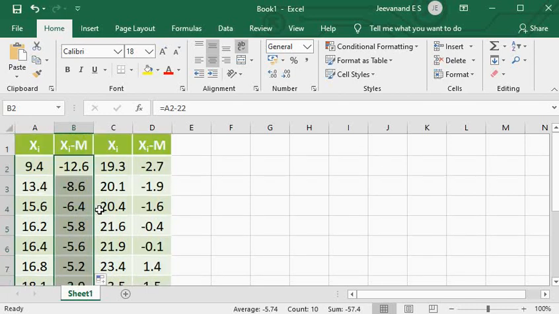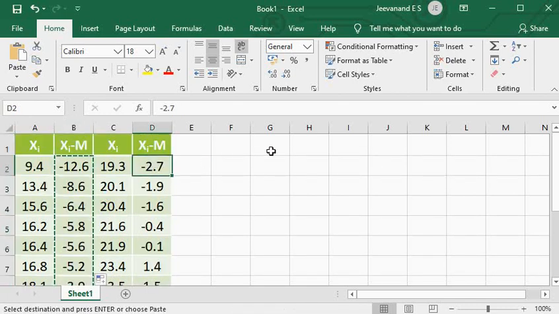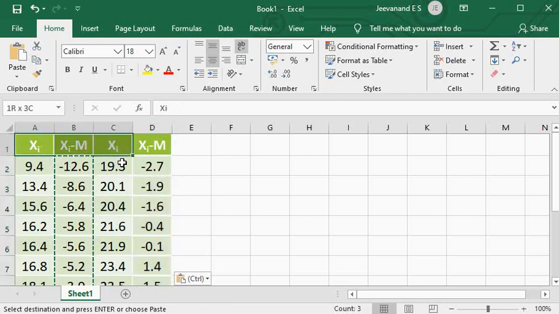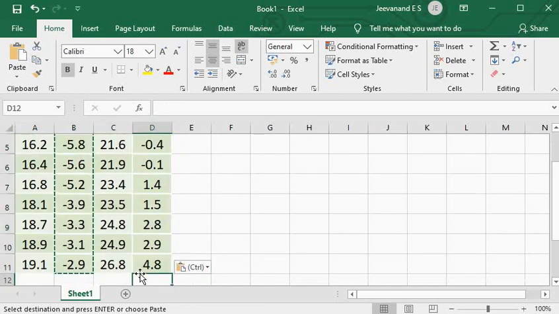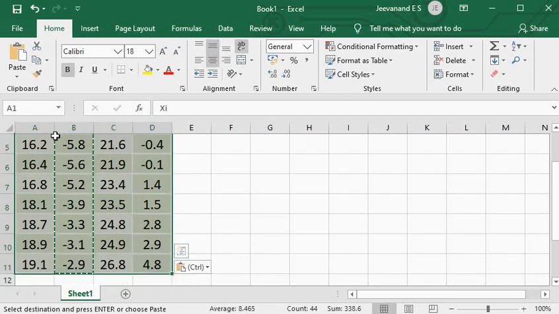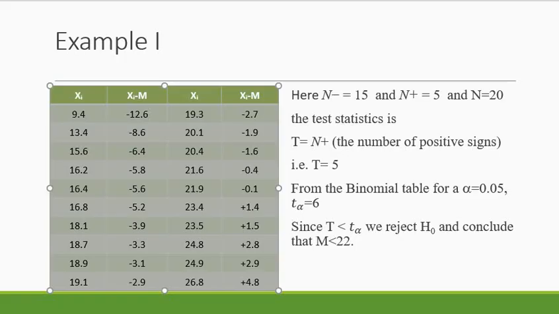Similarly, I calculate the other values also. So I find the differences, and then I take these differences to the PowerPoint. So I copy this and put it here.